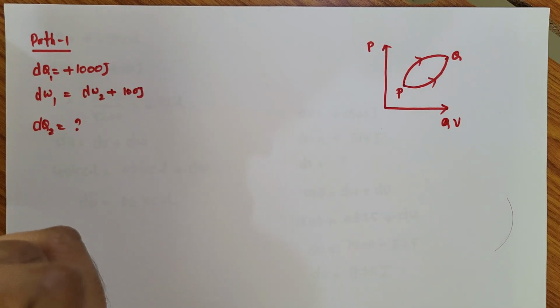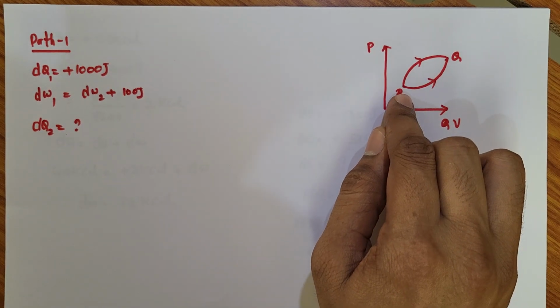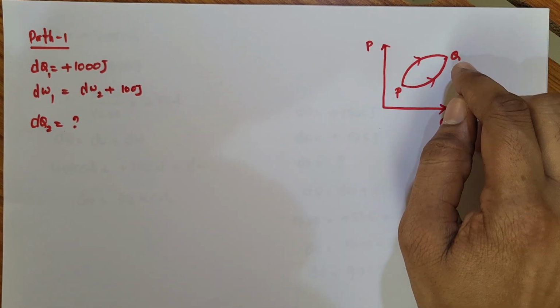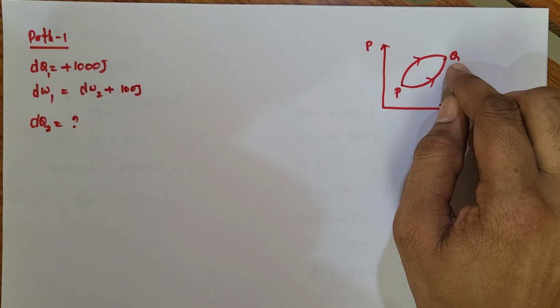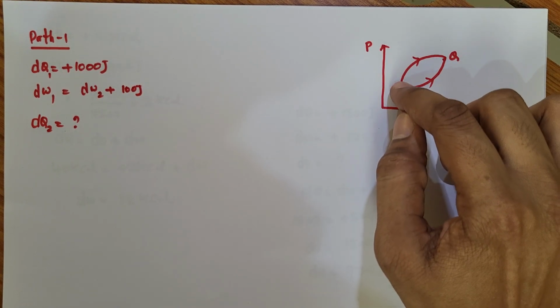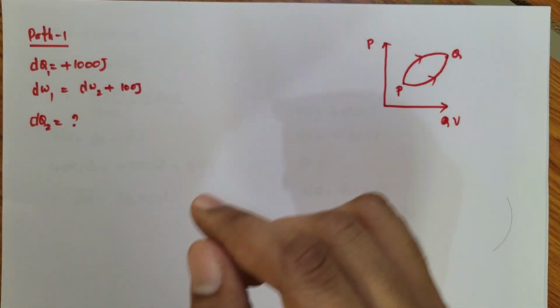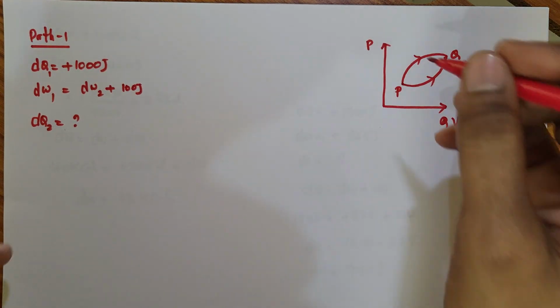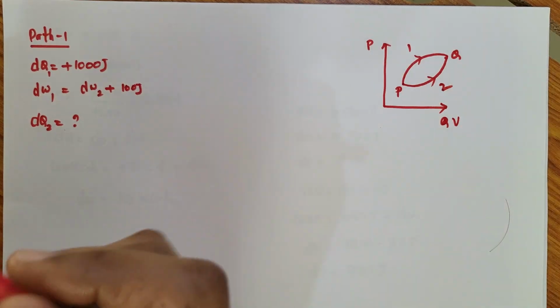See, try to understand the question. P is one stable state of a system. Q is also another stable state of the system. The system reaches from P state to Q state through two paths. Name this path as path 1 and this path as path 2.